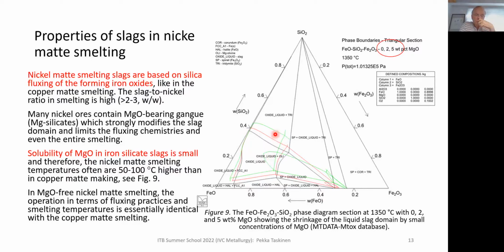And this is a serious problem because today we have smelters in the world which are facing an MgO concentration in their outcoming slag of close to 10%. And that means that the slag has a high viscosity.